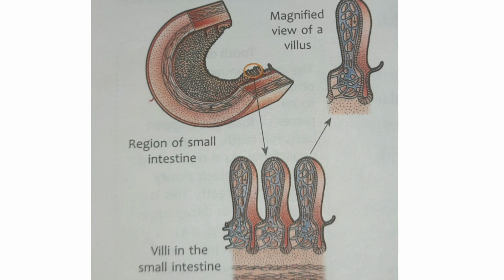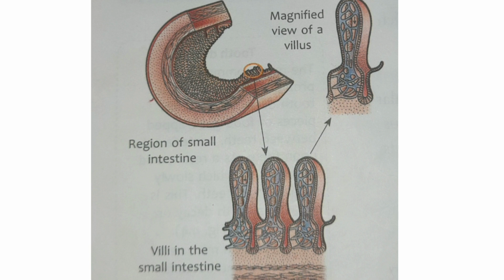The inner wall of the small intestine has billions of finger-like projections. These finger-like projections are called villi. In singular form it is called villus, and in plural it is called villi. The villi increase the surface area, which helps to digest the food properly, and a very important function of the intestine is to absorb the food.